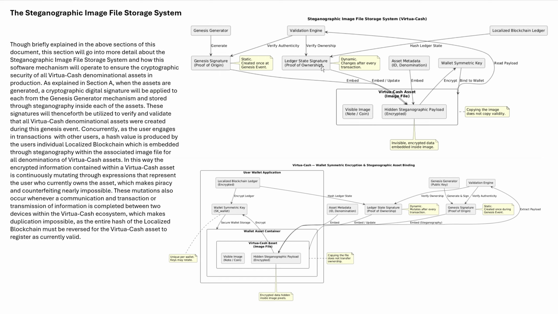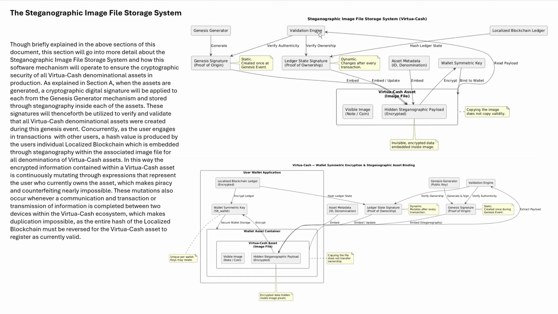We also have the ledger state of ownership here, which is created by the validation engine. So we have this private public key pair. This is stored inside of each asset that was created, which has a visible image, as well as a hidden steganographic payload, which is encrypted by that Genesis generator event.